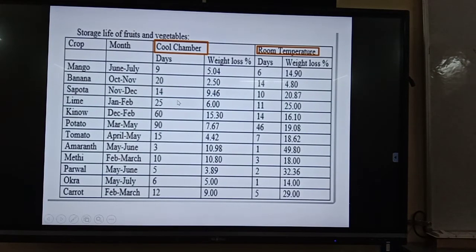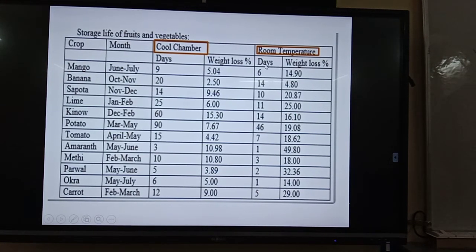And here I am again showing you how much weight loss you can reduce in this type of chamber. If we are keeping our mango in the months of June and July, then in the cool chamber we can store them for 9 days, and the weight loss will be only 5.04%.